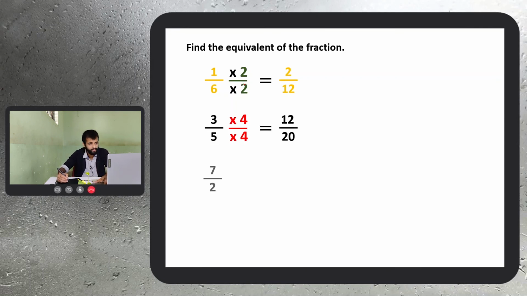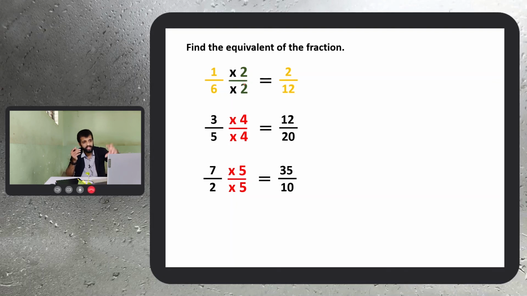Let us take another example, 7 upon 2. To find an equivalent fraction, I need to think of a number to multiply. Here the number I'm multiplying is 5: 5 in the numerator, 5 in the denominator. So 5 sevens is 35 and 2 fives is 10.